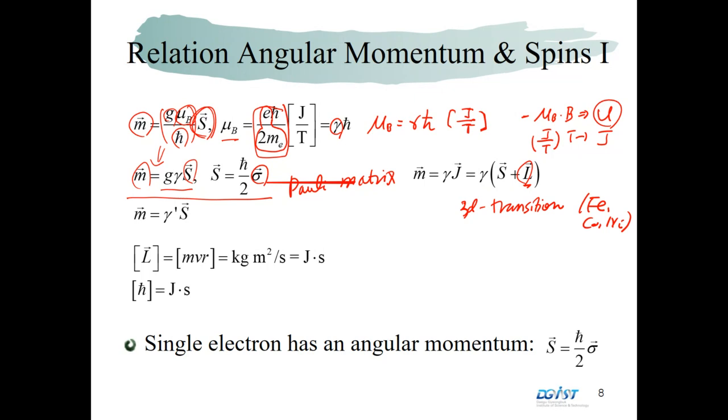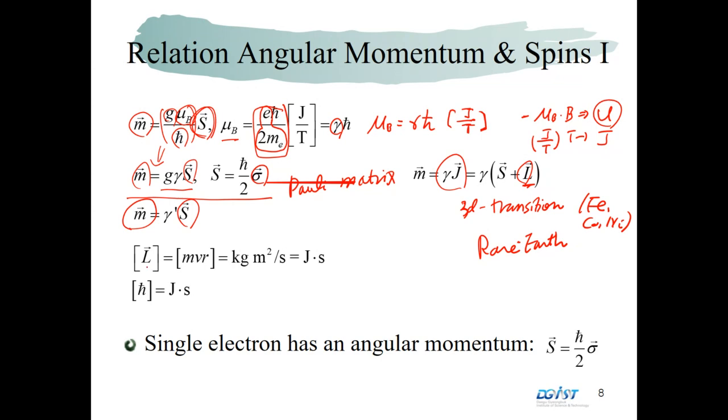But that is not true for the rare earth materials. For rare earth elements, this angular momentum contribution is not negligible. So in that case, we should think about J instead of S. Anyway, so let's think about just M being proportional to spins.